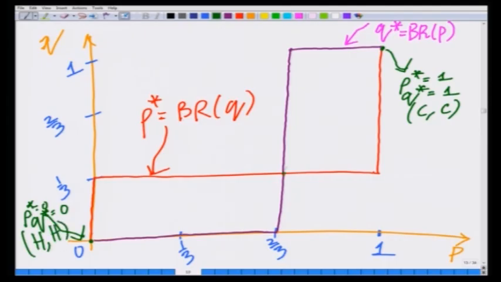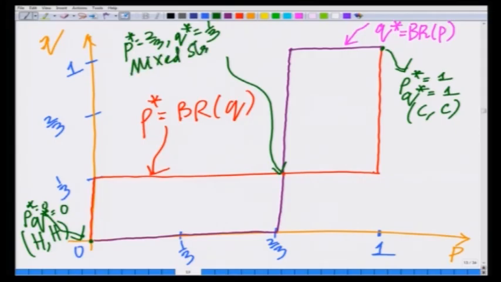And this third point of intersection corresponds to p star equals 2 by 3 and q star equals 1 by 3. This corresponds to the mixed strategy Nash equilibrium of the battle of sexes, where the boy is watching cricket 2/3 of the time and the Harry Potter movie 1/3 of the time, and the girl is watching cricket 1/3 of the time and the Harry Potter movie 2/3 of the time.